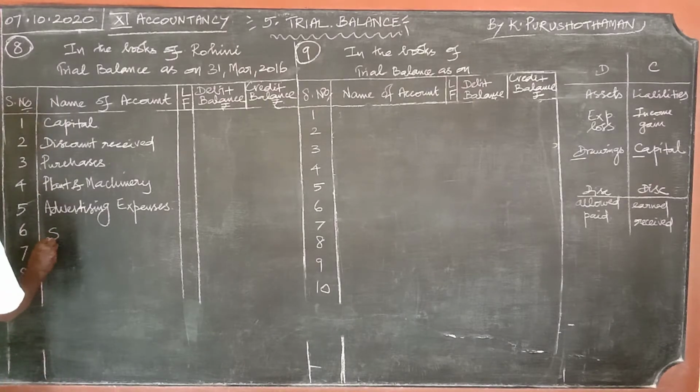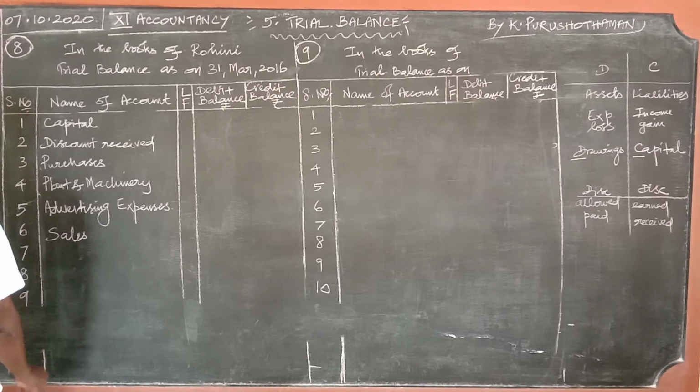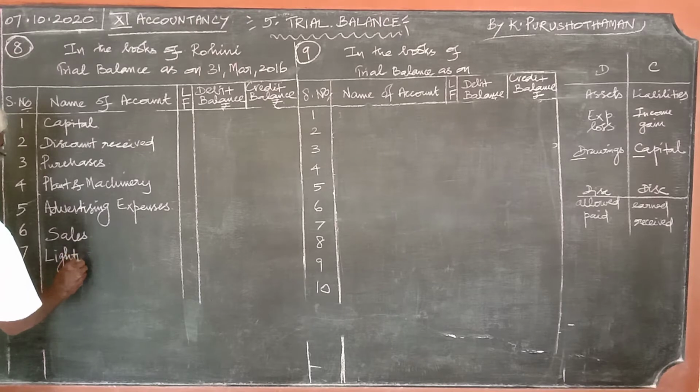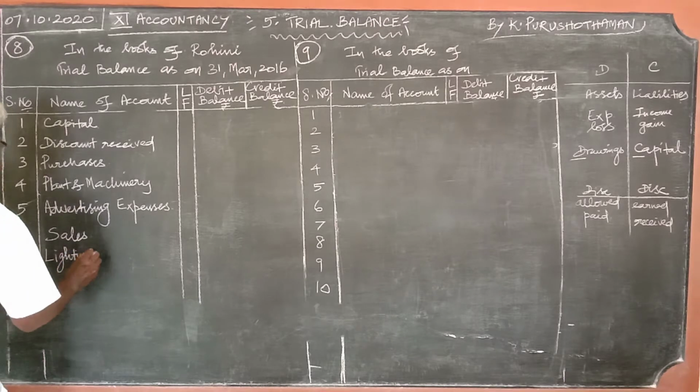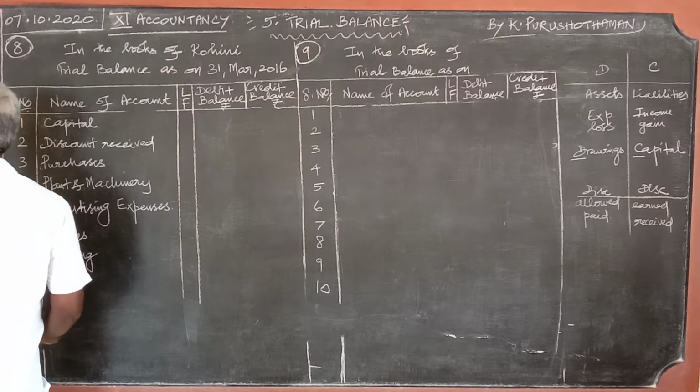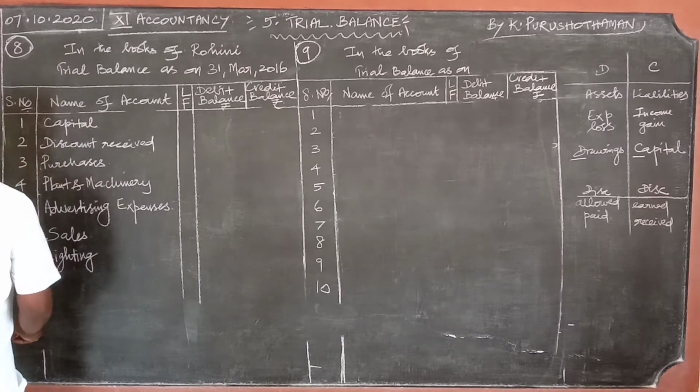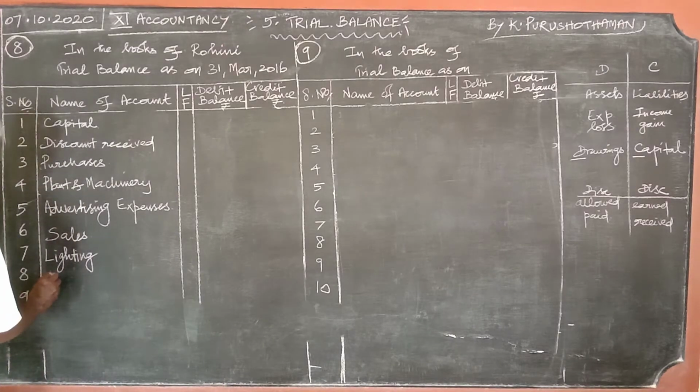Sales. 7. Lighting. 8. Drawings. Next item, car expenses.